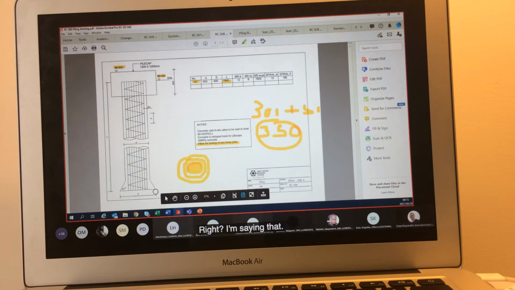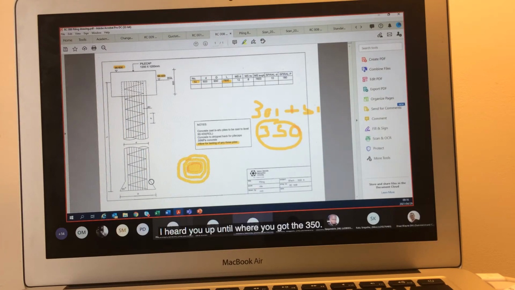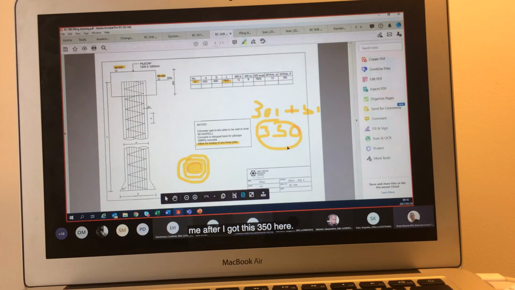Which section must I repeat? I heard you up until where you got the 350. After that, I didn't hear anything. Okay, Nomta, you said you heard me after I got this 350 here. Right. Okay, now that 350, I'll say again, takes me from the center to 50 millimeter into my section, my ream section. Now I need to determine.